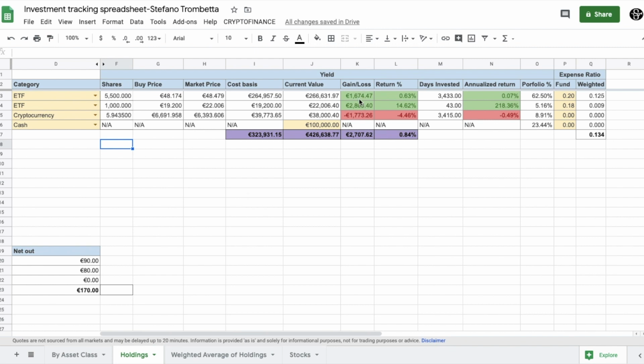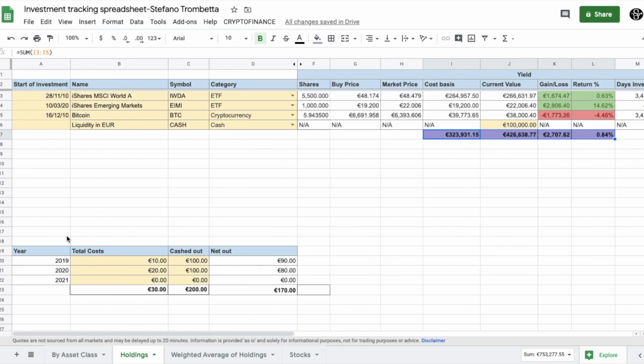Here you can see the gain or loss in euros, in percentage, how many days you've been invested, the annualized return, so year on year, and the percentage of the portfolio. Here you can also put how much the fund spends. You can see that in the KIID. This is just the totals.